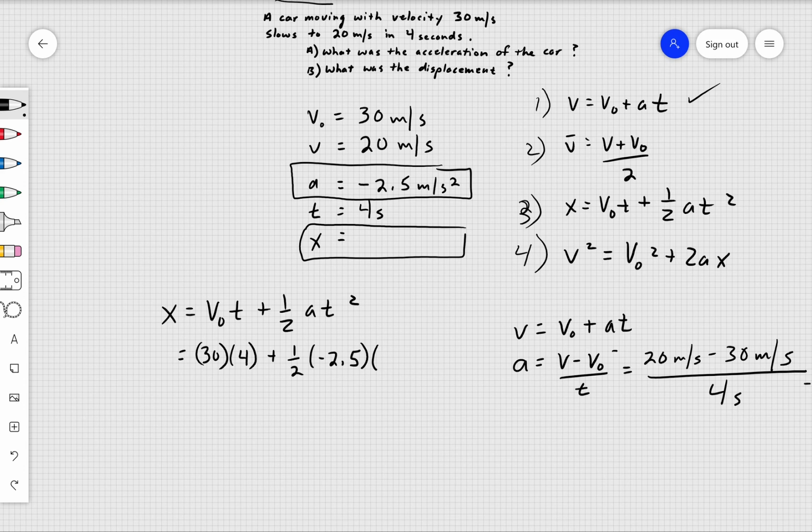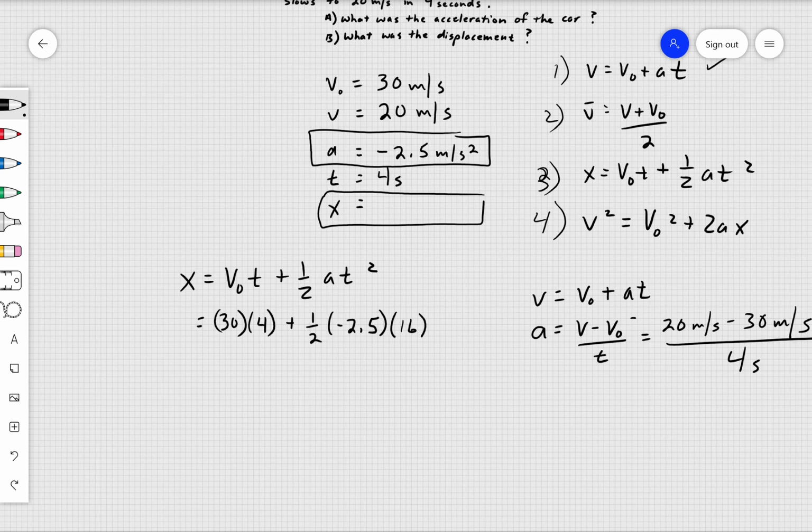And the elapsed time is 4. And don't forget that's squared. I'm just going to go ahead and write 16 in here because I'm guessing that that's 4 squared. Okay, yeah, just solve this out, guys. 120, it looks like. Half of 16 is 8, and 8 times 2.5 is about 20. So minus 20, this looks like 100 meters or so for the displacement.